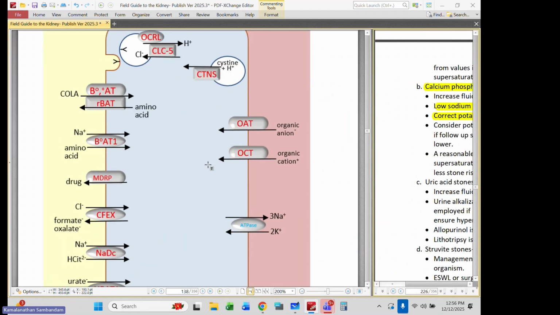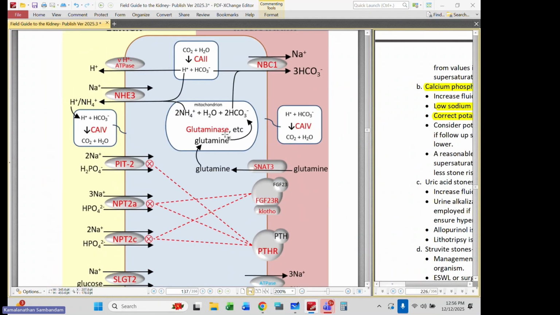Kelly outlined for us how if I have potassium depletion, I have intracellular acidification. And if I have intracellular acidification, I upregulate citrate lyase. I increase the reclamation of citrate from my urine.